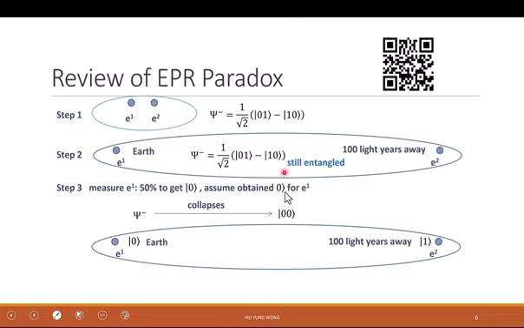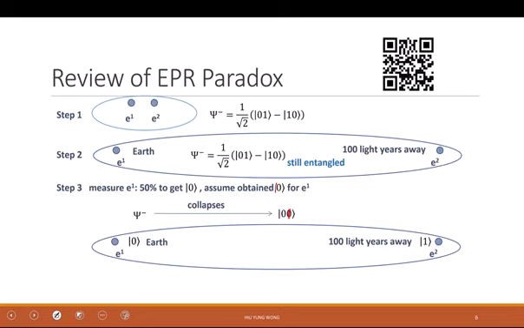Because this is in a superposition, it may collapse to 0 or 1. We have 50% of getting 0, right? Assume that we get 0 for electron 1. Then the whole wave function will collapse to 0, 1. I have some typo I forgot to change. First of all, this should have the bracket, and this is 0, 1 instead of 0, 0.